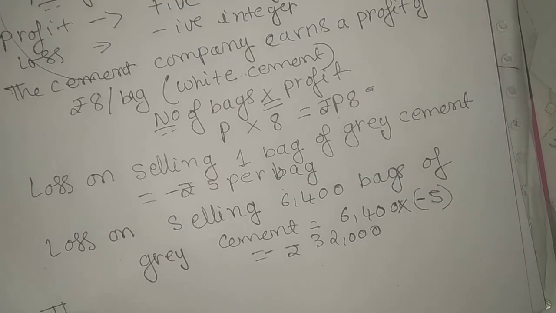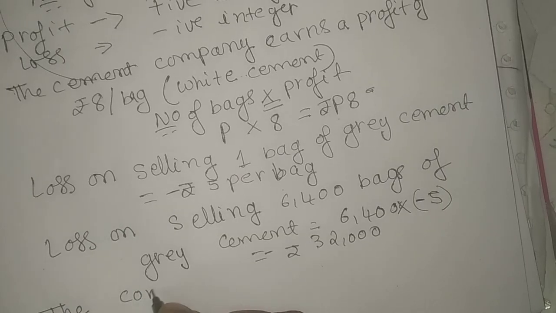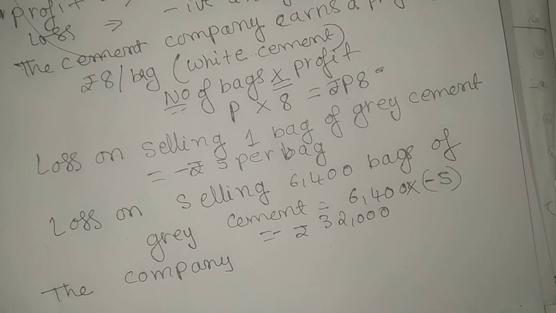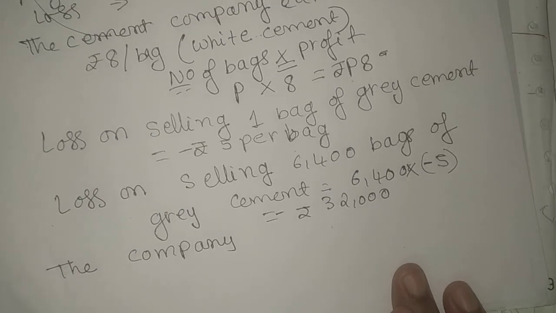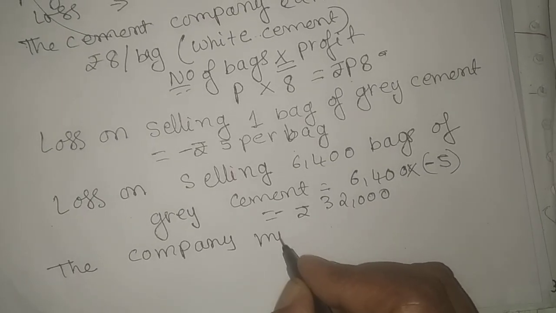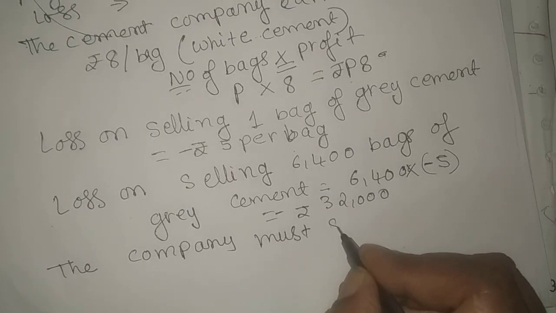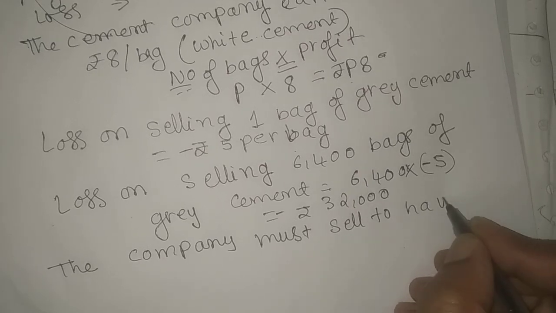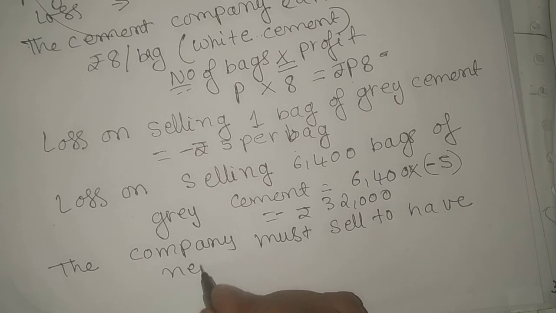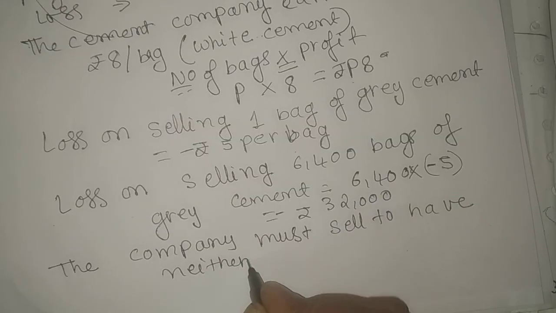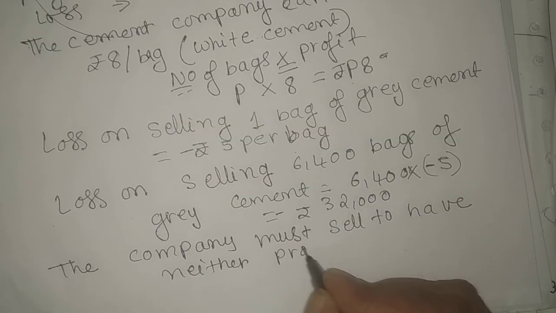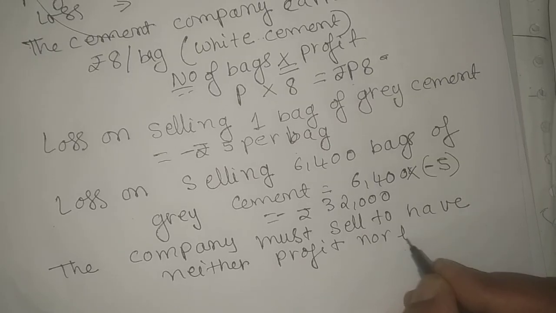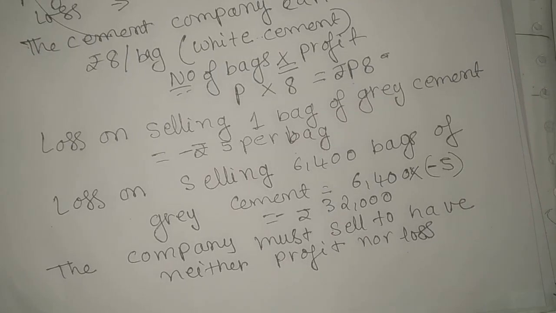So the point is the company must sell to have neither profit nor loss. That is the main point in the question.